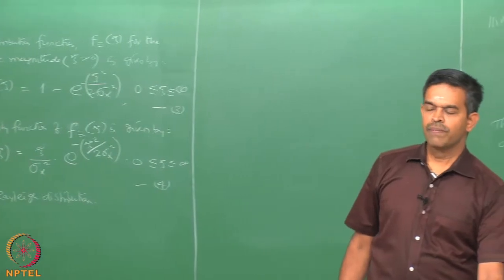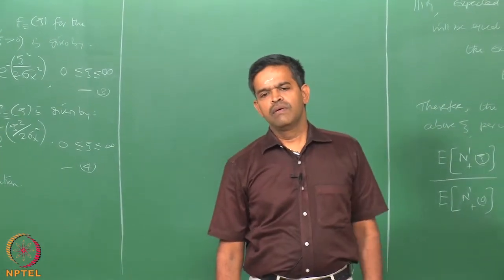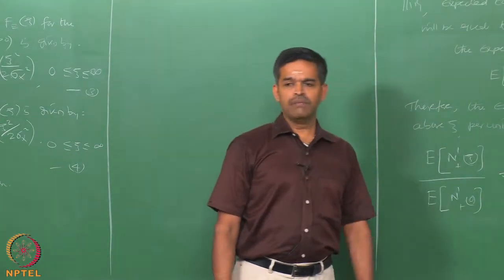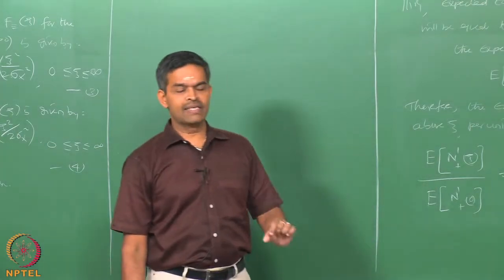So, friends, instead of handling a random variable, we alternately picked up a stochastic variable which can be expressed in a space set capital T, what we call an index set.